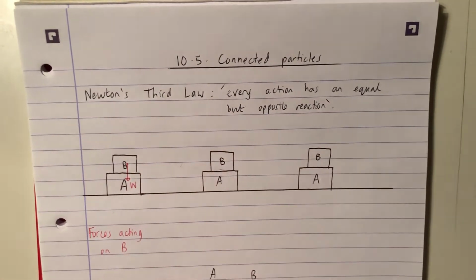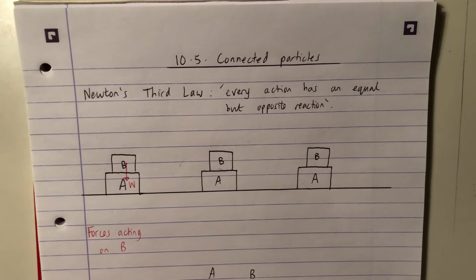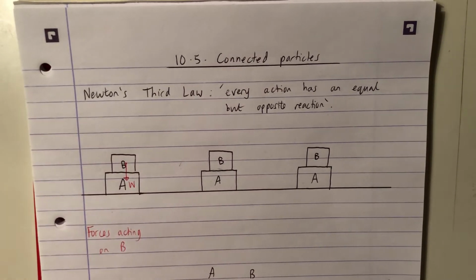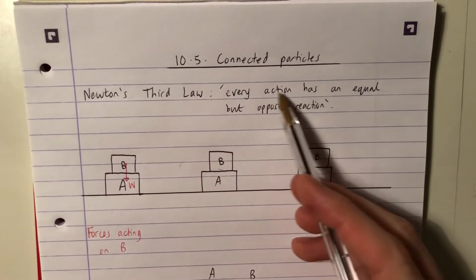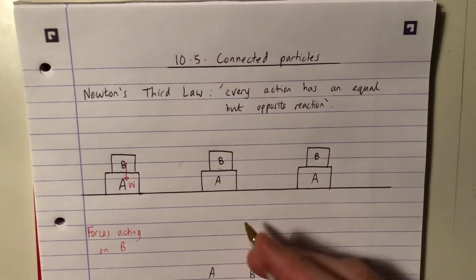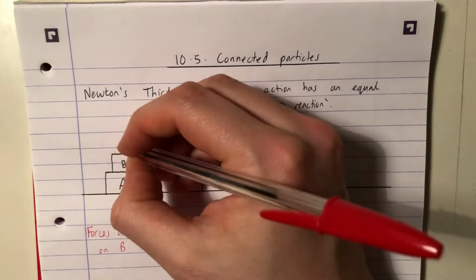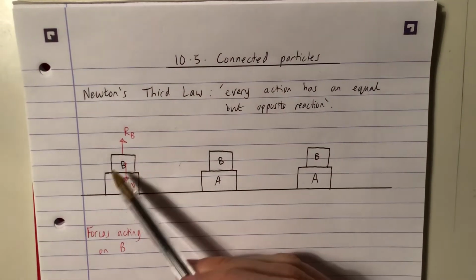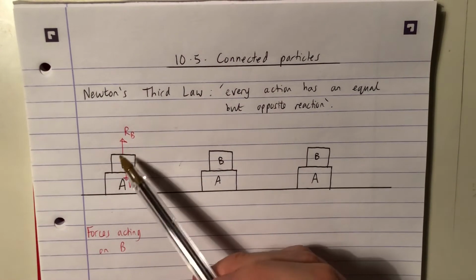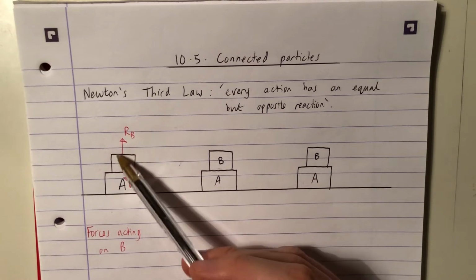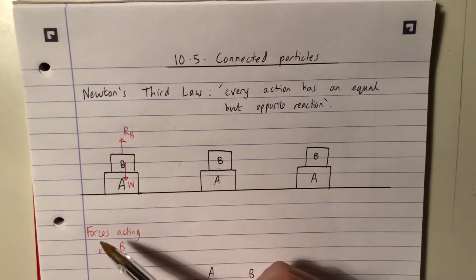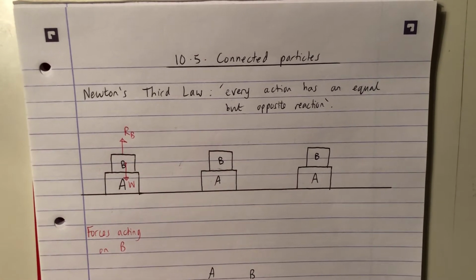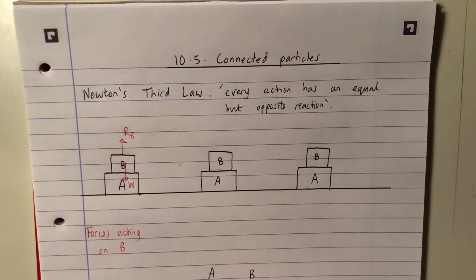Call that W. And object B is in contact with object A, sitting on top of it. And by Newton's third law, every action has an equal but opposite reaction, so there would be a reaction force. Call that RB. And that reaction force is obviously perpendicular to this point of contact. And that's it. There are no other forces acting on object B.